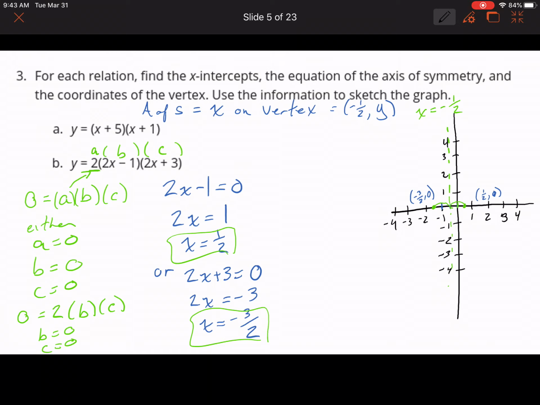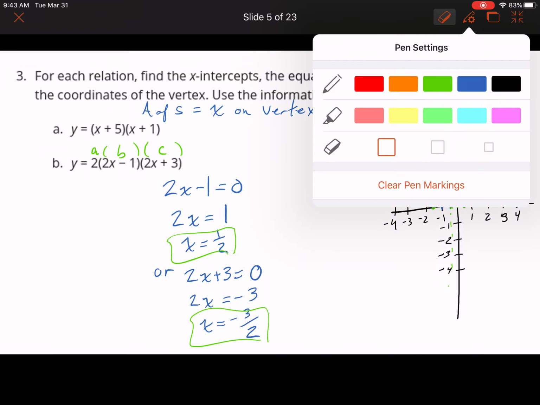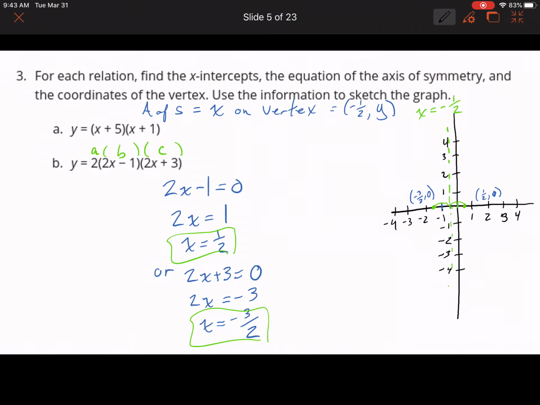I'm going to erase my thing at the beginning here. So to do that math, we've got y equals 2 times -1/2 minus 1 times 2 times -1/2 plus 3.